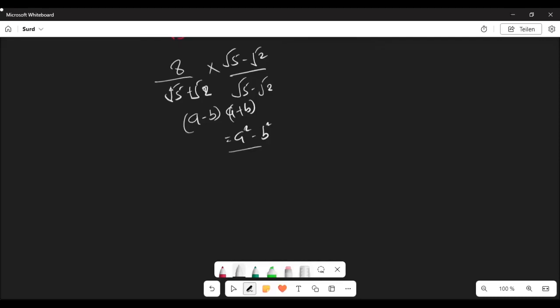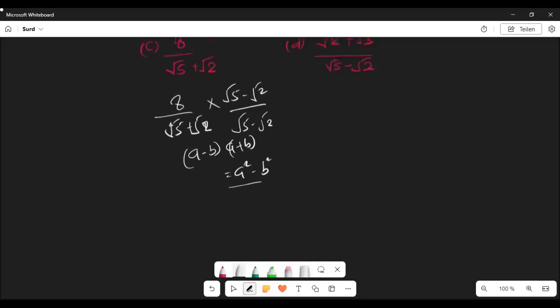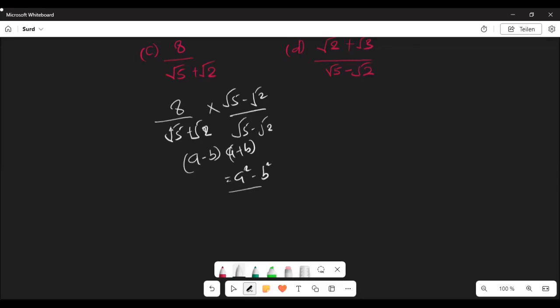So you don't have to go for a longer journey. So this is what I'm going to say. For the numerators, I have 8 in brackets root 5 minus root 2. But for denominators, I have root 5 squared minus root 2 squared. So what am I going to have here?